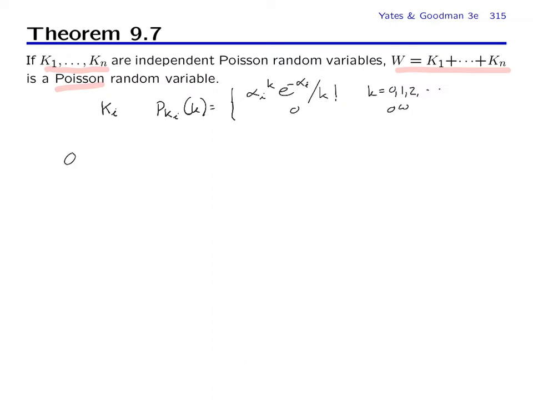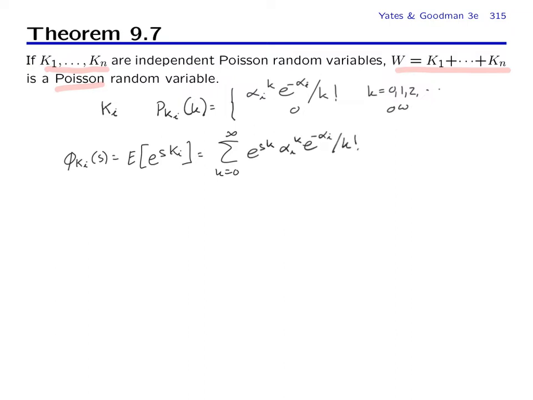Now we need the moment generating function, and this is equal to the expected value of e to the s ki. Of course, this is the summation k equals 0 to infinity of e to the sk times the PMF, which is alpha i to the k, e to the minus alpha i over k factorial.